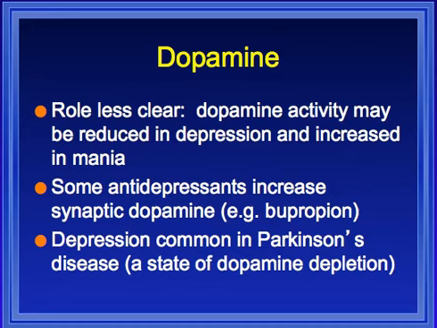We know that depression is common in Parkinson's disease, about 40% comorbidity, and Parkinson's, of course, is a state of dopamine depletion, again implicating dopamine in the regulation of mood.